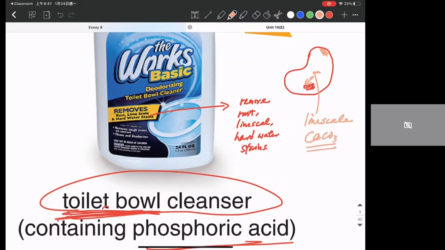While lime scale, it is calcium carbonate. But the question comes, lime scale, calcium carbonate. Why do we have calcium carbonate in seawater? Think of the chemical components found in seawater.